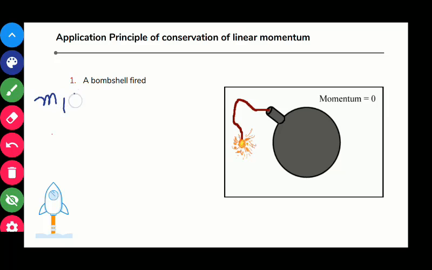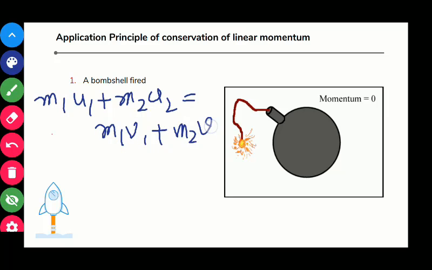It was m1 u1 plus m2 u2 equals m1 v1 plus m2 v2. You have to substitute the values of u1 and u2 in that expression, because initially before the bombshell was fired u1 and u2 are 0, right? They don't have any velocity because the bombshell was not fired.